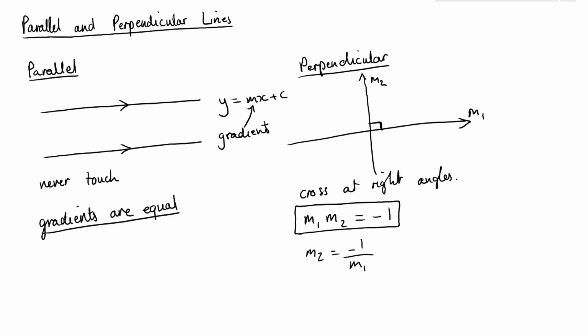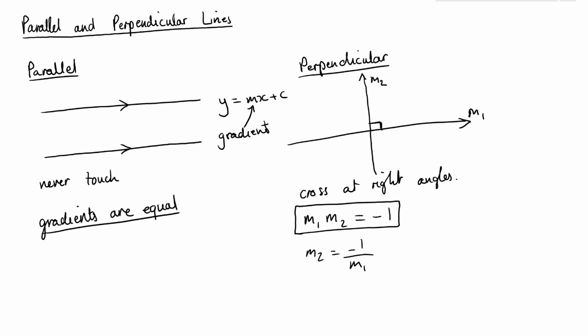So in terms of the types of questions they're going to give you, they might ask you to prove that these two lines are parallel, or prove that these two lines are perpendicular, or they might just ask you to use the fact that these lines are parallel or perpendicular to solve for some other problem.